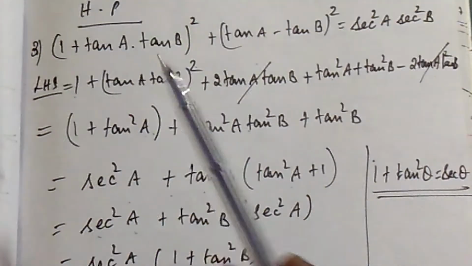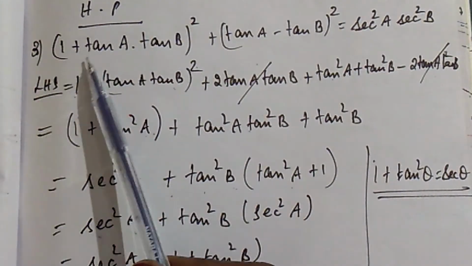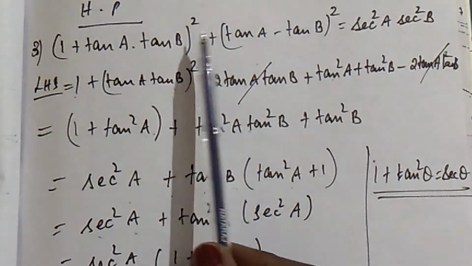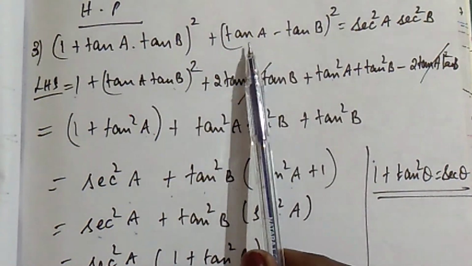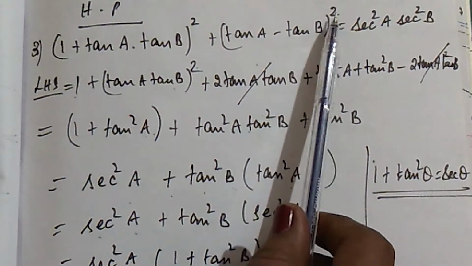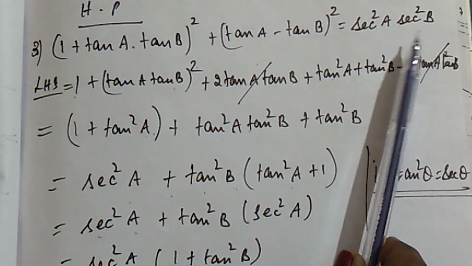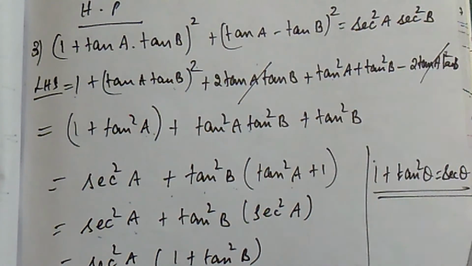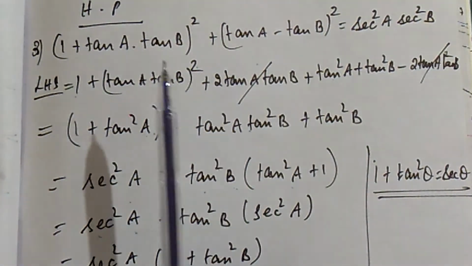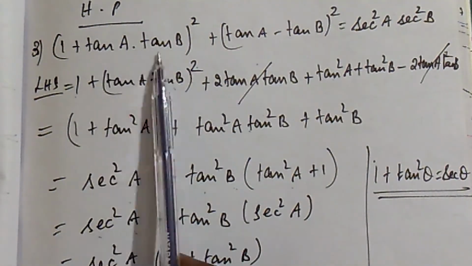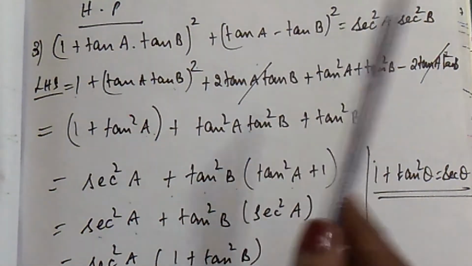Next question. (1 + tan A tan B)² + (tan A − tan B)² is equal to sec²A sec²B. So it is forming the identities (a + b)² and (a − b)².